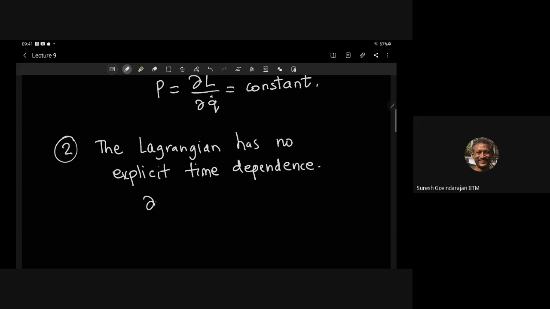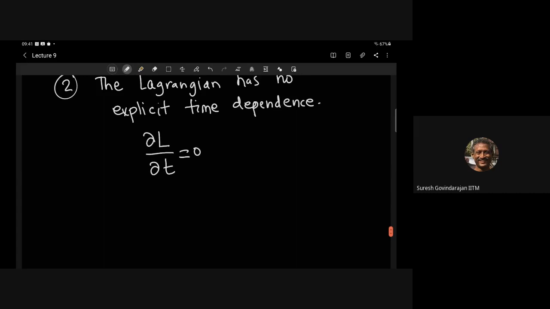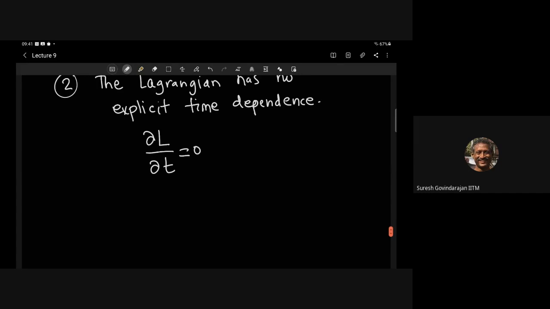It says that the partial derivative of L with respect to t is 0. Do you agree with this? This is just standard. L is a function of q, q dot and t, and it's independent of t, so the partial derivative is 0. So let us see what this gives us. Let us consider the total derivative of L with respect to t.